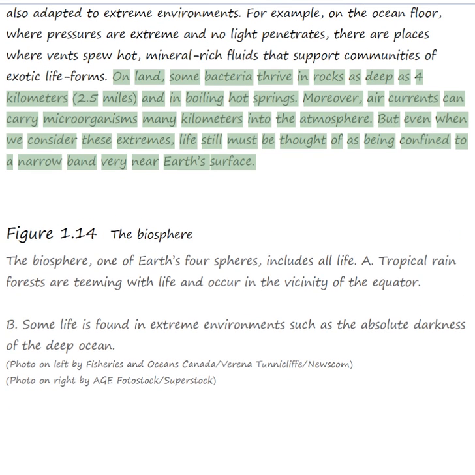On land, some bacteria thrive in rocks as deep as 4 kilometers and in boiling hot springs. Moreover, air currents can carry microorganisms many kilometers into the atmosphere. But even when we consider these extremes, life still must be thought of as being confined to a narrow band very near Earth's surface.